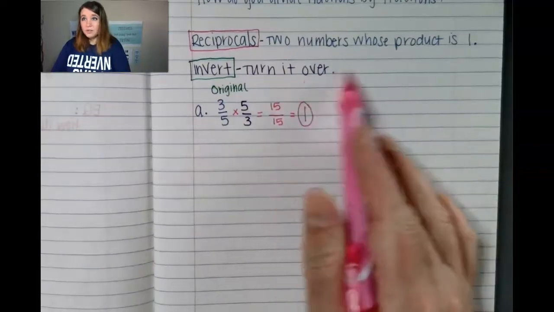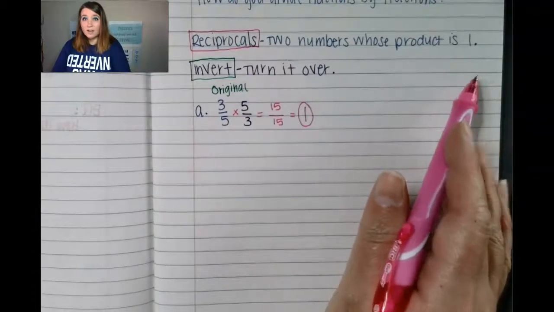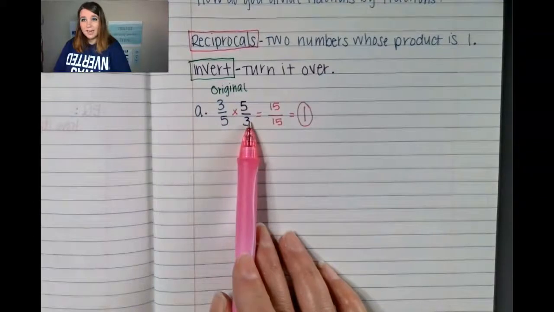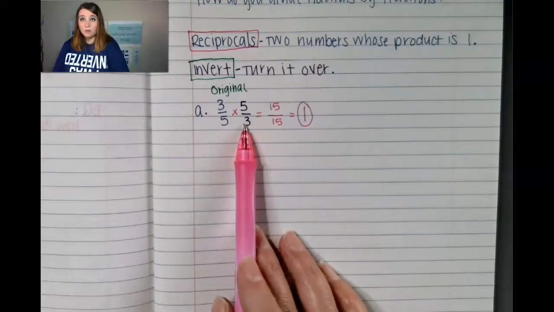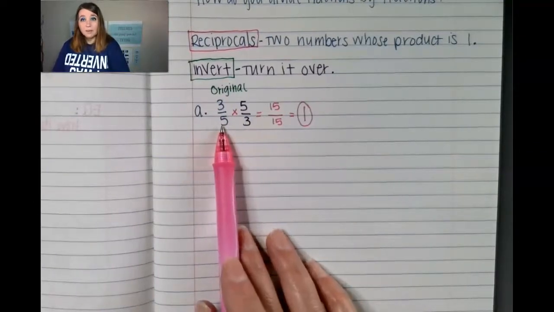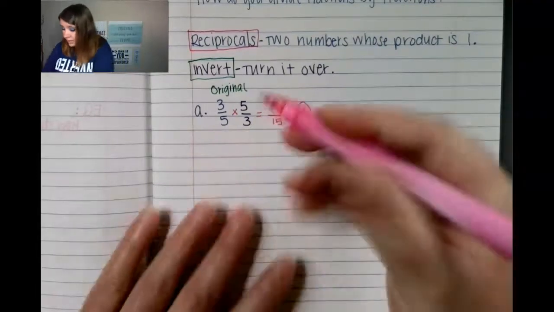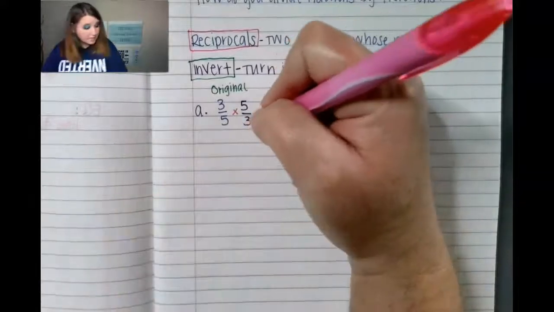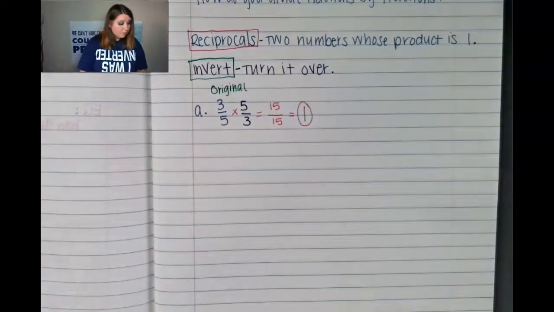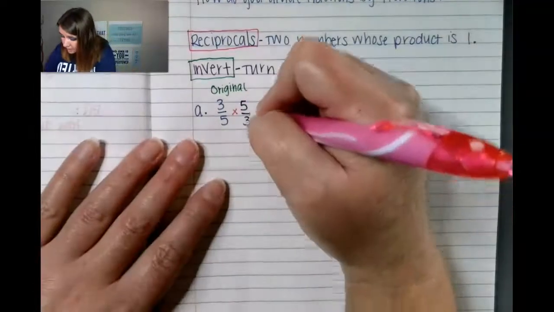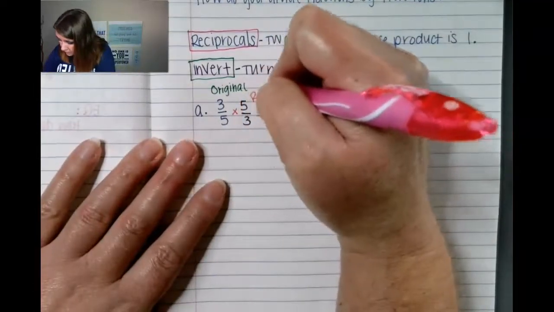Two numbers whose product makes 1. Because I can multiply these two numbers together to get 1, they are reciprocals. So I have my keep, I have my flip. This is the idea of a reciprocal. It's reciprocating, it's flipping, it's inverted. So I have my original, and let's call this the reciprocal.